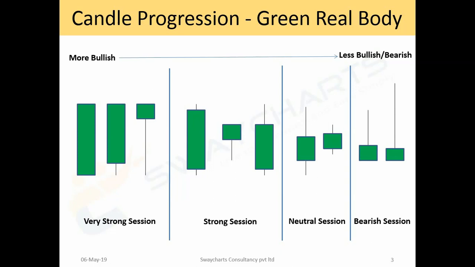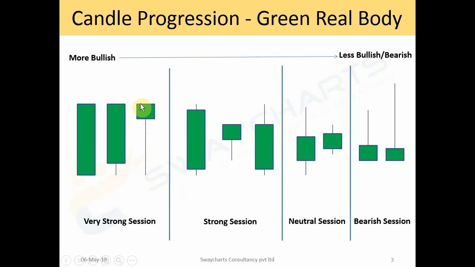And the third candle, we see that there is hardly any real body in this particular candle, right? This is the biggest wick, or lower shadow, that we see, and this means that the day started somewhere here, the bears started to take the price lower, but somewhere here the bulls recaptured the territory and pushed the price higher and took it till here.